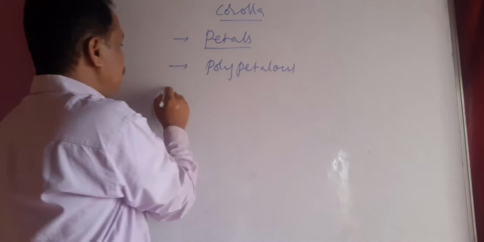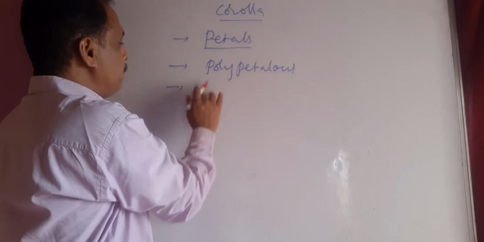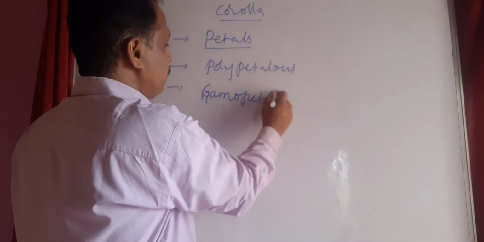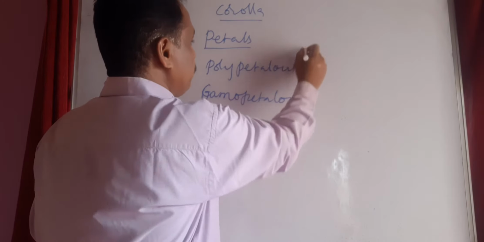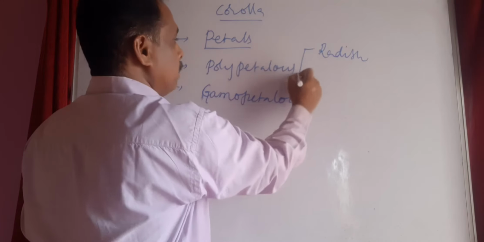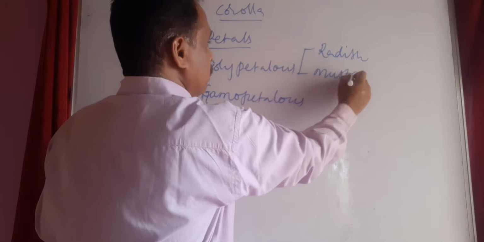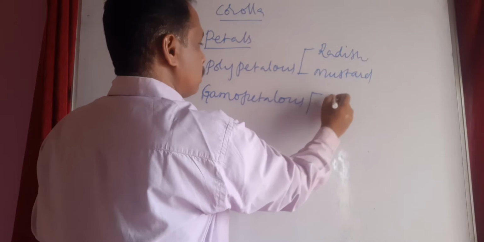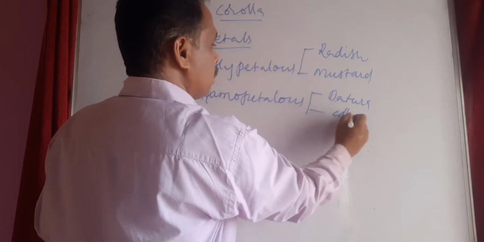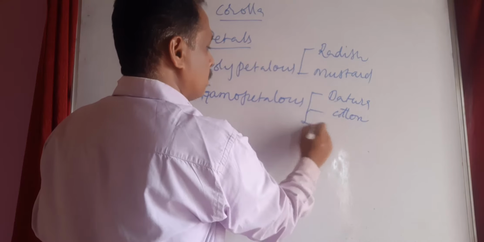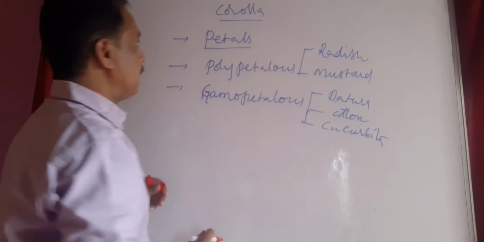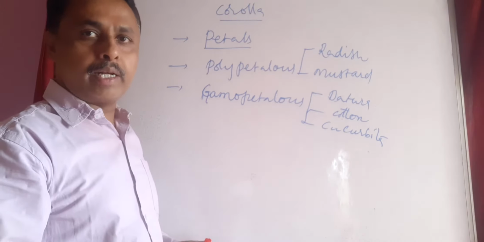If the petals are united, it is called gamopetalous. Examples for polypetalous: radish, mustard. Examples for gamopetalous: datura, cotton, cucurbita.